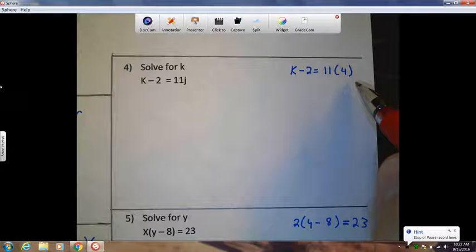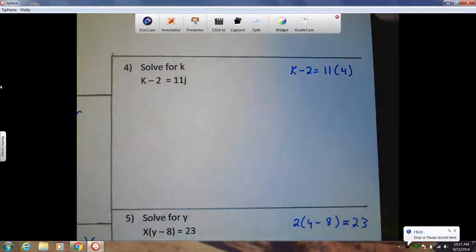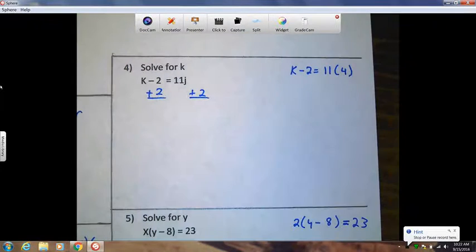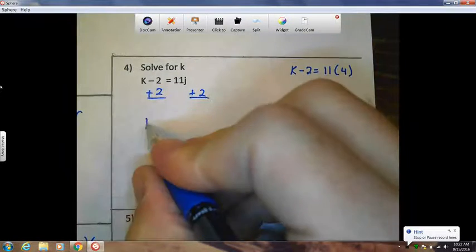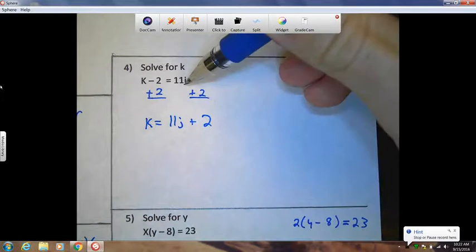So the only thing over here on this side of the equal sign is the minus 2. So to get rid of that, I must add 2 to both sides of the equal sign. Since this has a j and this does not, they are not like terms. I cannot combine them, so here's my answer.